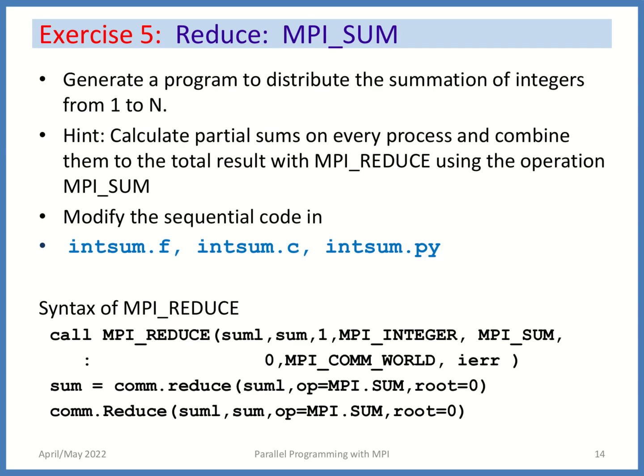You might remember yesterday we had the integration program for determining the value of pi, where we had to sum the strip values from 1 to n. So it's very similar, just you don't have to sum the strip values, but you have to sum the numbers 1 to n. So it's the same way to do this, and in addition you can directly use now the reduce function to do this sum over the local results.